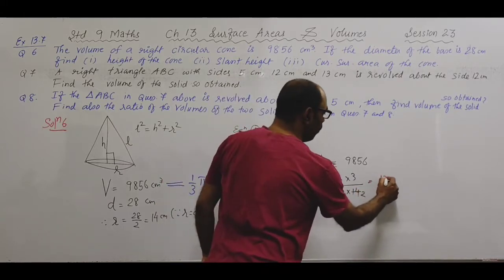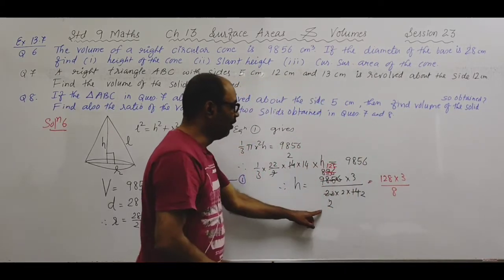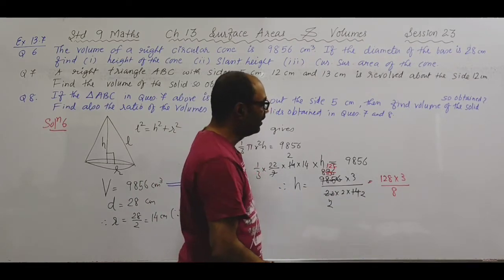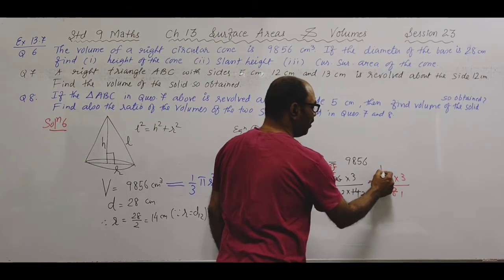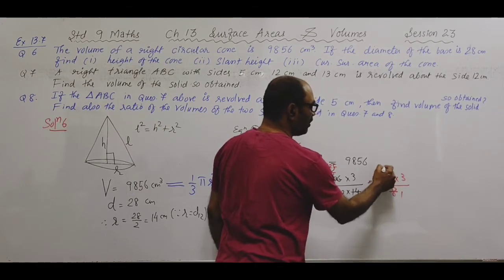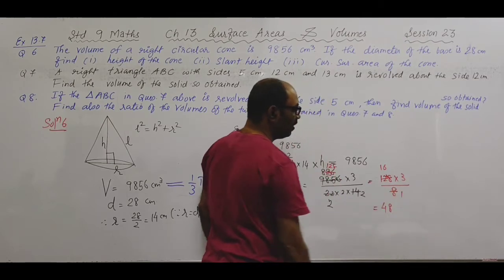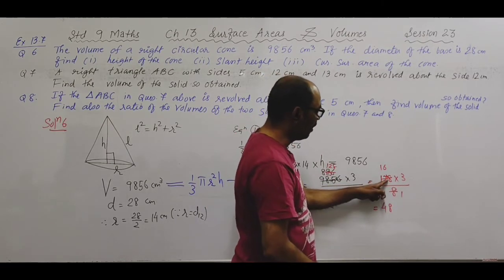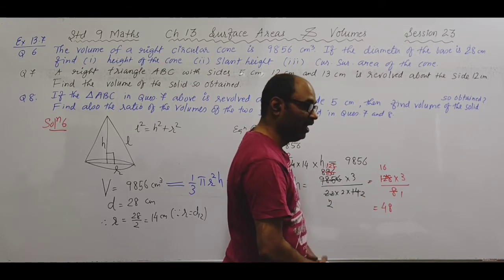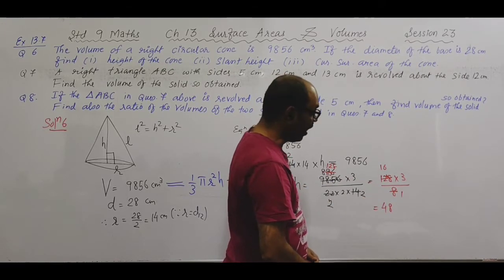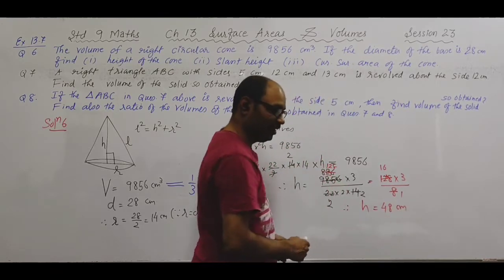I'll write it here. 128 into 3 upon 8. चलेगा? 2 into 2 into 2, that is 8. 8 से जाएगा? 8 ones are 8, 4 बचा, then 6. 8 6 जा 48, 16 3 जा 48. That is height. Yes, height. And it is in terms of centimeter.